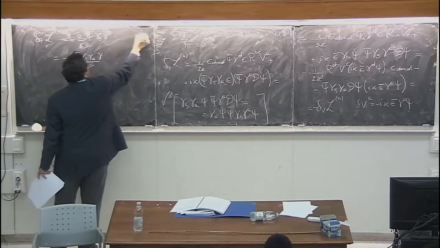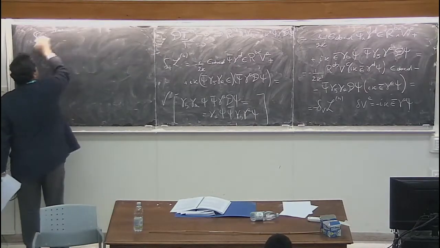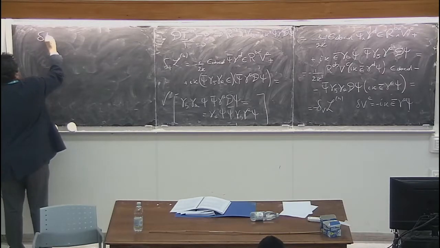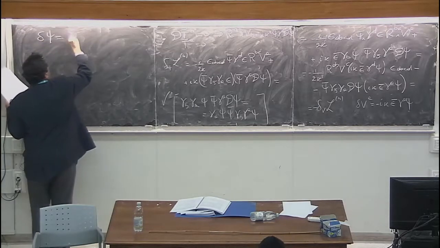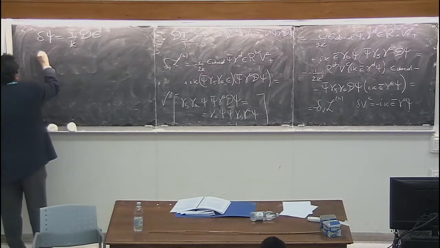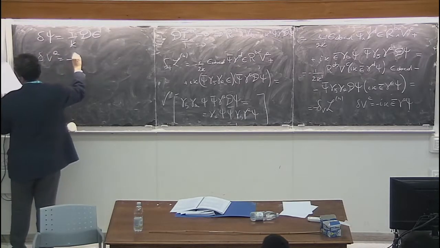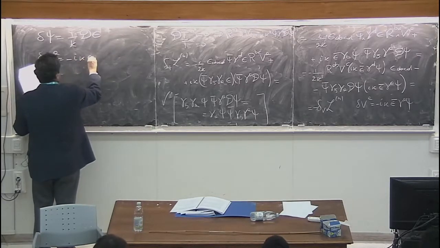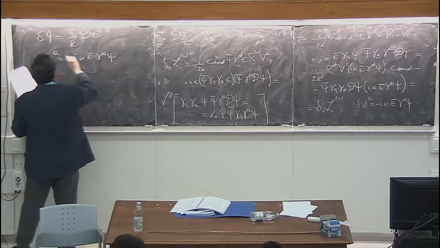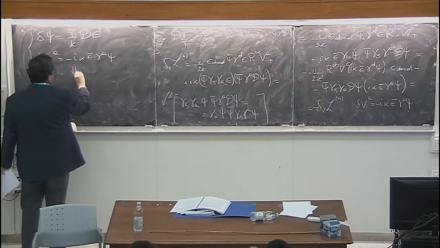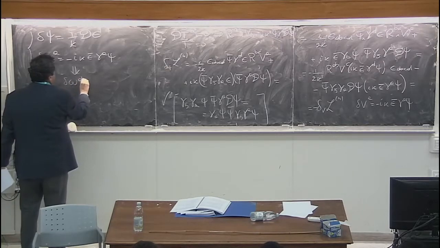And then you deduce the transformation property for omega AB under supersymmetry.